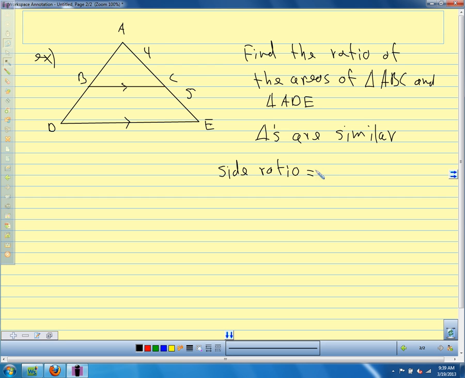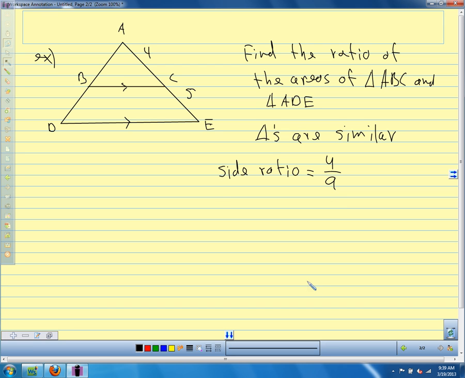The length of the side of the small triangle ABC is 4. What's the length of the side of the big triangle ADE? 9. This is 4, this is 5, so the whole length here is 9. So the side ratio is 4 over 9.